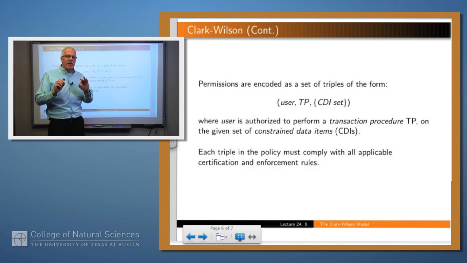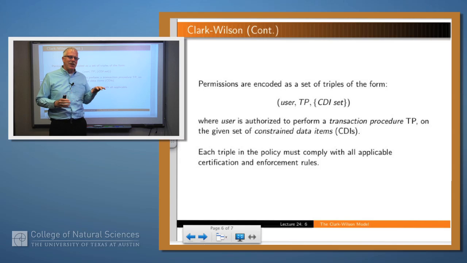And then the way that the access control system is modeled is sort of traditional. We have a set of triples which says that a user can perform some particular transaction procedure on a set of constrained data items. If you think back to our earlier talk about access control policies, you'll see that this is a little bit like some we've seen before.